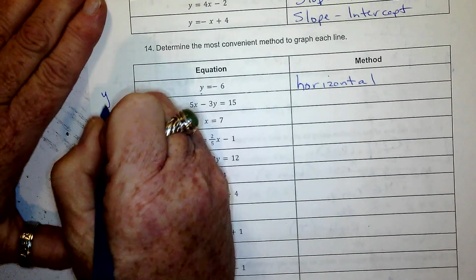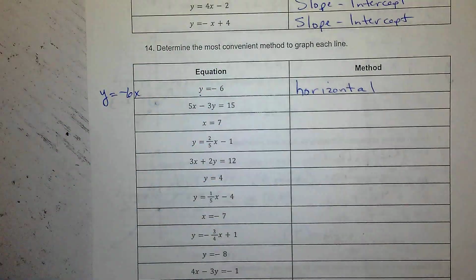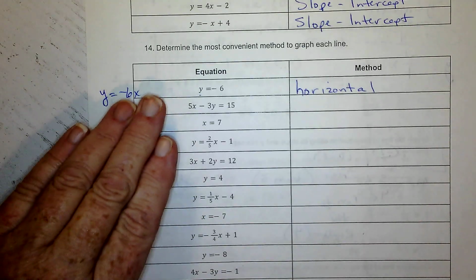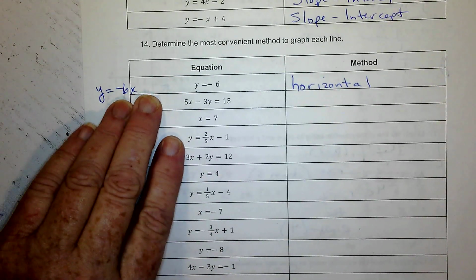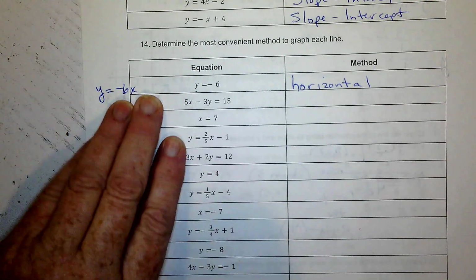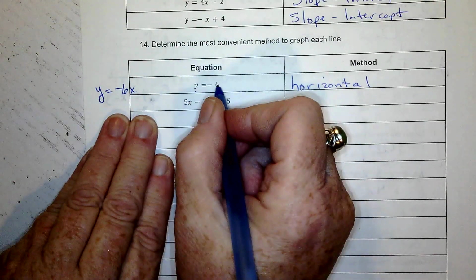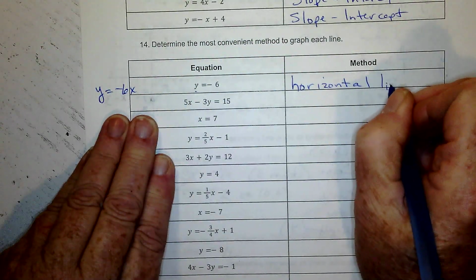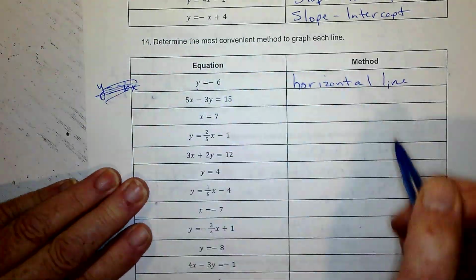If you have y equals -6x, that is not a horizontal line. That's a method where you're going to use your slope-intercept method, and your y-intercept is 0 because there's no attached b. All right. So this is not the same thing. This cannot have an x in it if it's a horizontal line. All right. I wanted to make sure you knew that.